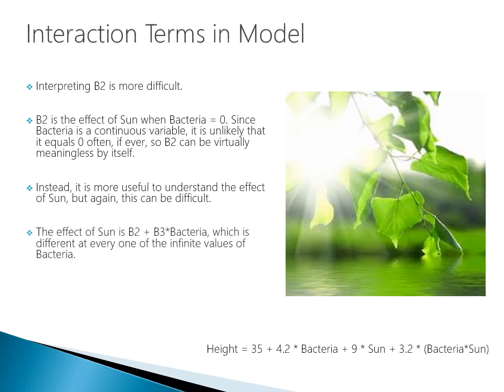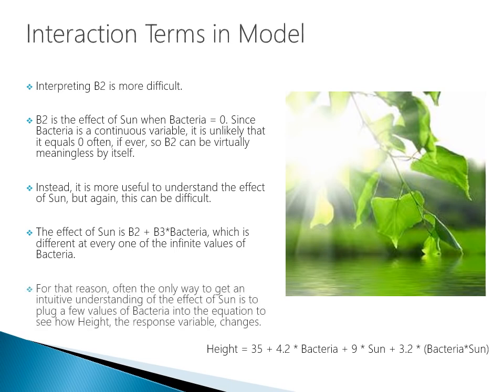The effect of sun is beta 2 plus beta 3 times bacteria, which is different at every one of the infinite values of bacteria. For that reason, often the only way to get an intuitive understanding of the effect of sun is to plug in a few values of bacteria into an equation and see how height, the response variable, changes.